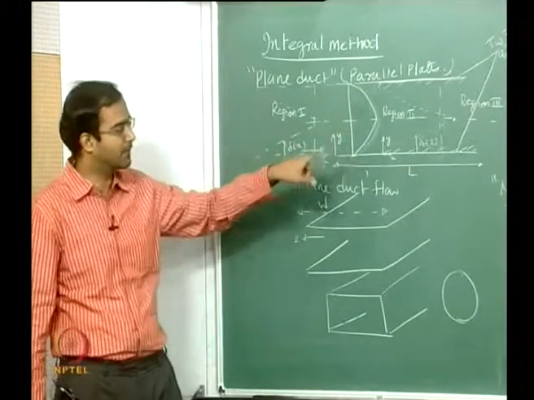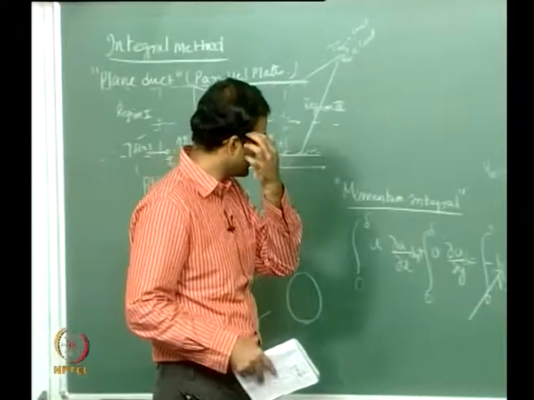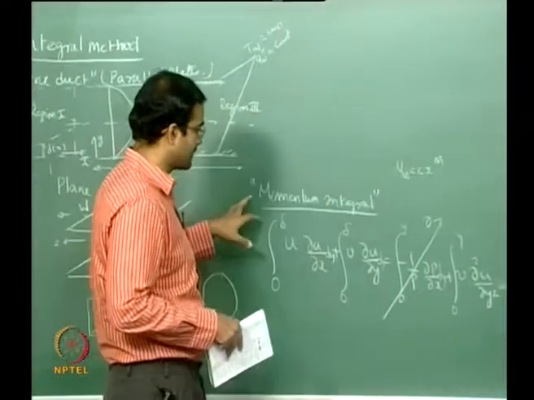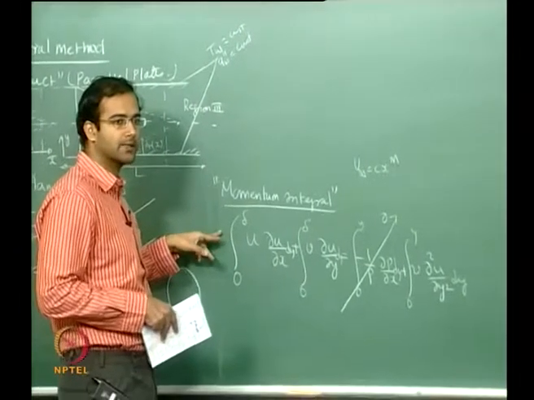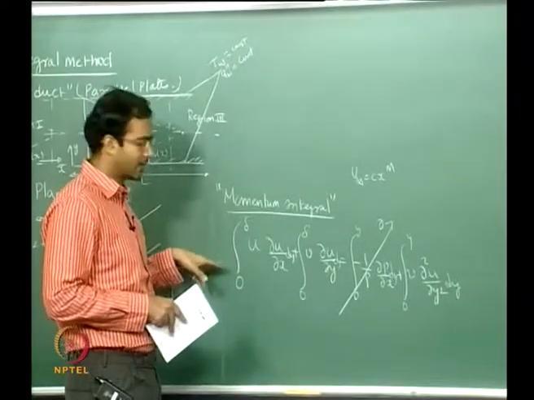So that you should keep in mind. This is basically the structure of the hydrodynamic development. It's not very different from your flat plate case, however a lot of approximations are involved.